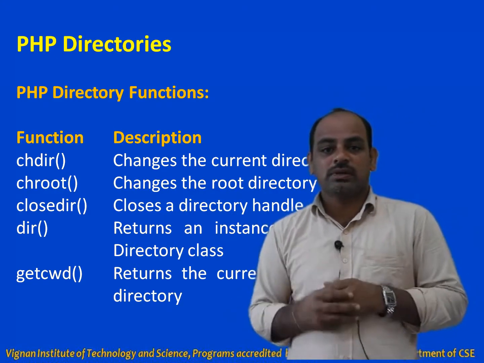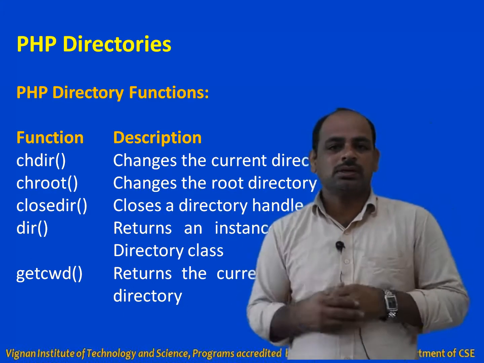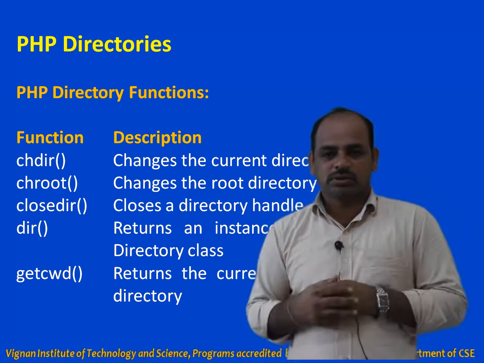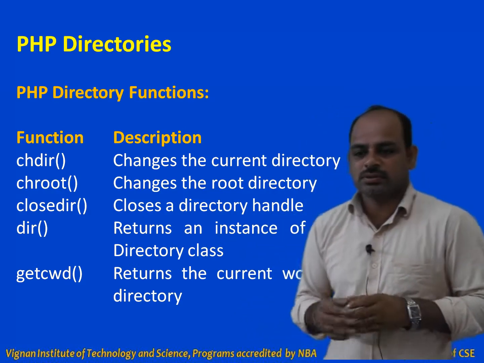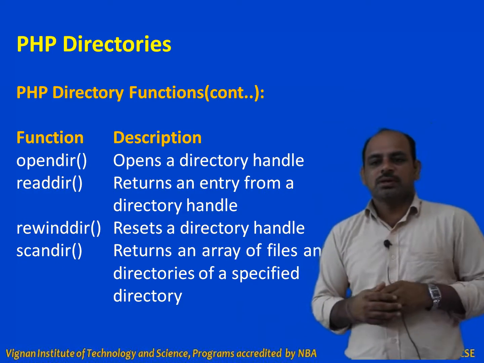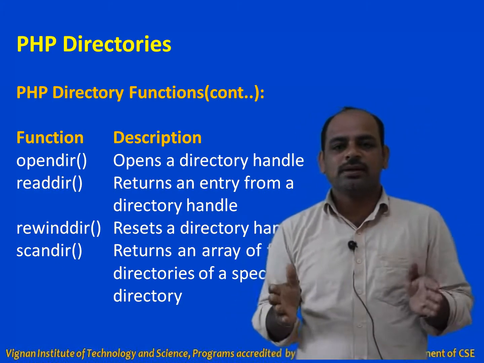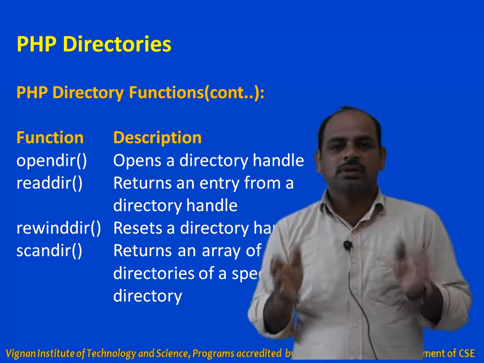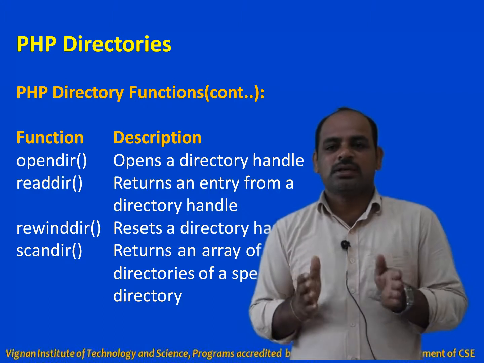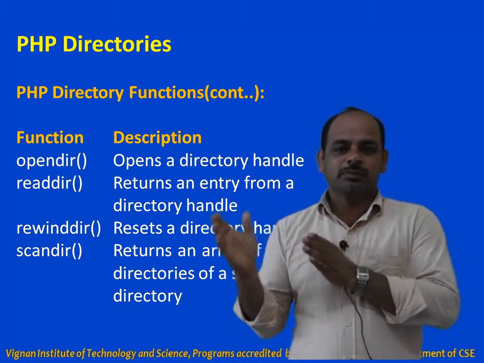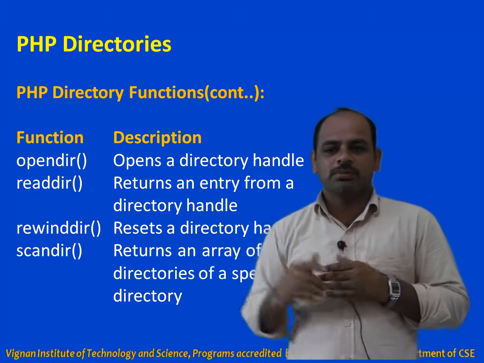What is the current working directory? Suppose your PHP code is placed in htdocs, then htdocs is the current working directory. Next, other functions. Open directory opens a directory handle. A directory handle is a pointer to the directory, just like when a file is opened and there is a file pointer pointing to the beginning of the file.